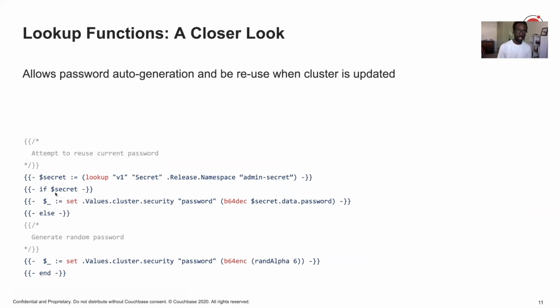If the secret does exist, then let's reuse it as the password. If it doesn't exist, then let's generate a password. And that basically allows you to do things like upgrade the chart, but not have your password changed after the chart itself is changed.